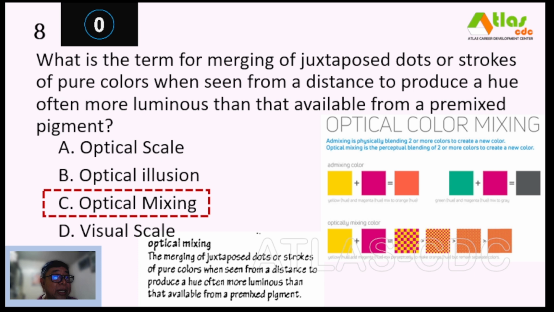Optical mixing is you have yellow and you have magenta, but you don't physically mix them. You place them in different locations such that when you view it from a certain distance, the overall color will appear to be different, no? So it becomes orange when viewed from afar.